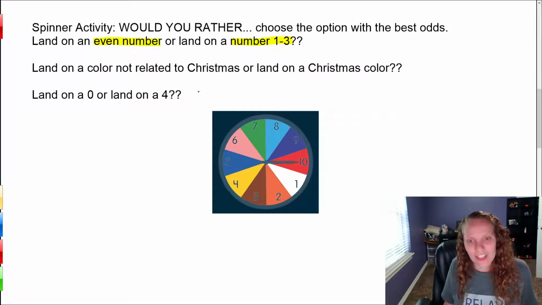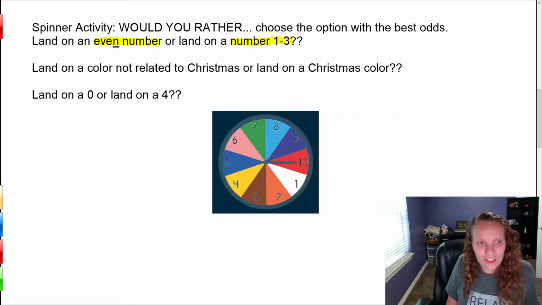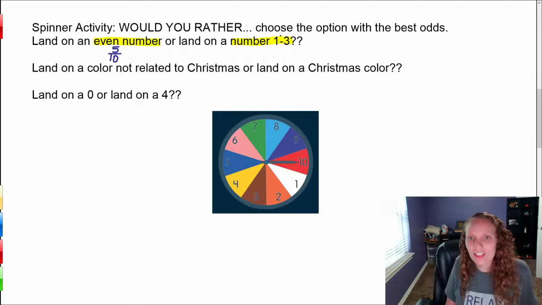So to land on an even number, let's look at it. There's 2, 4, 6, 8, 10. That is 5 different sections out of 1, 2, 3, 4, 5, 6, 7, 8, 9, 10 total. And then to land on a number 1 through 3, well, that's 1, 2, 3 sections out of 10 total.